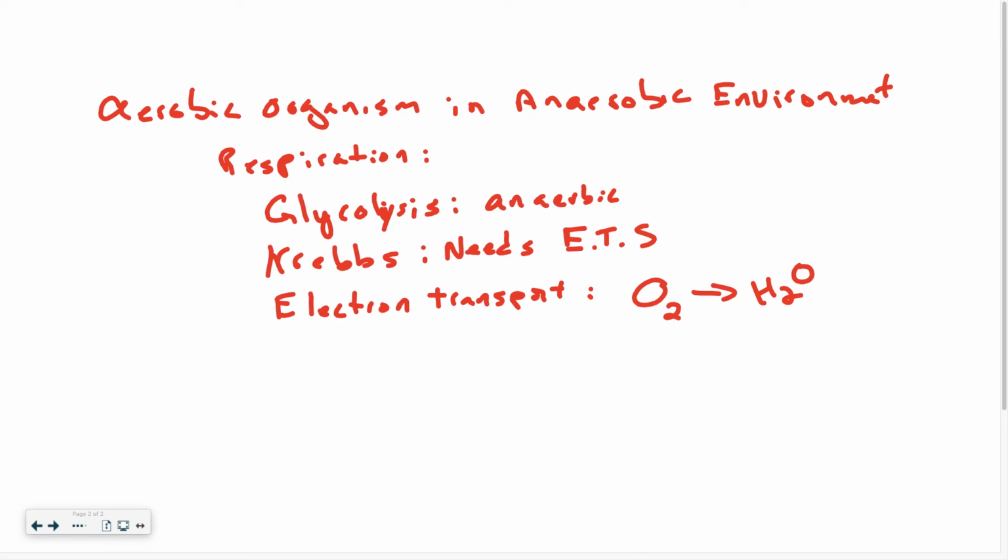You can either go to fermentation, or even without fermentation, you could go until you used up all the NAD and had a buildup of pyruvate. So if you put an aerobic organism in an anaerobic environment, glycolysis will continue for a while. Krebs will shut down after the electron transport shuts down. And if you can use fermentation, you can continue with glycolysis.